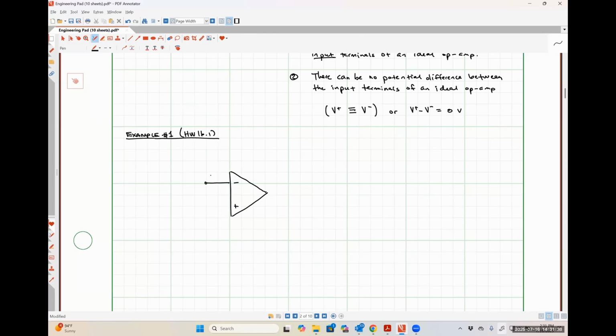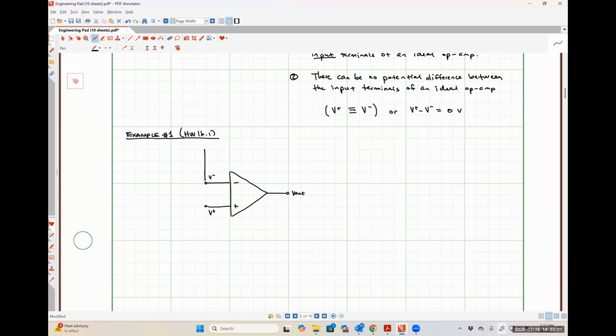I'm just going to label this voltage right here. So this is going to be V minus. This is our voltage at our inverting input terminal with respect to ground. Here is our non-inverting input terminal. I'm going to label this guy V plus. And then here is our output terminal, V out.